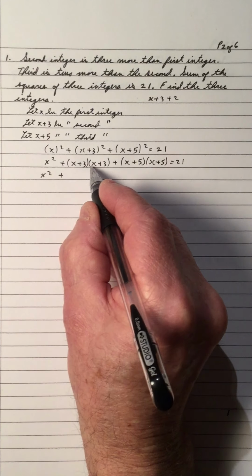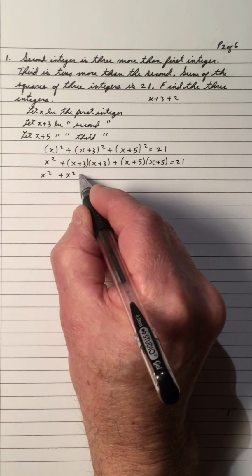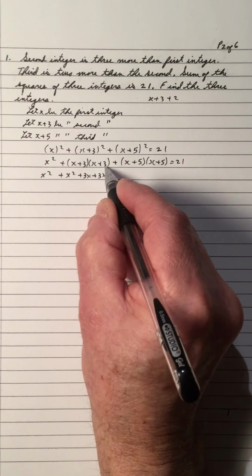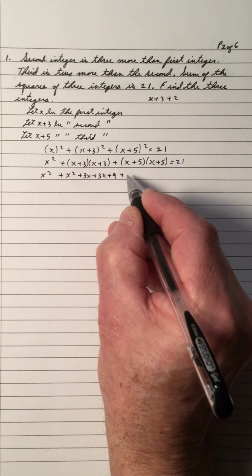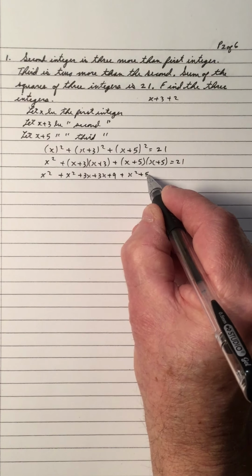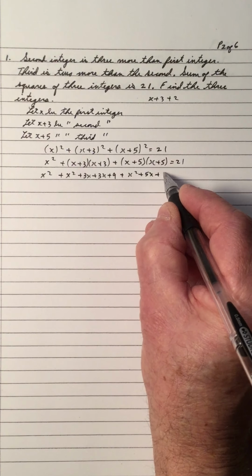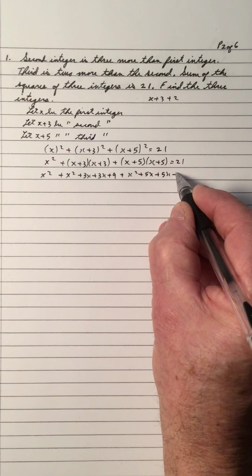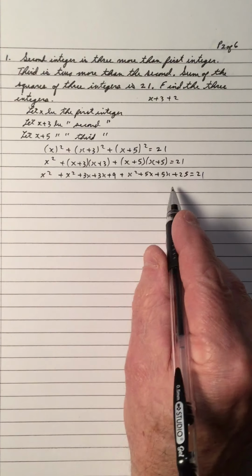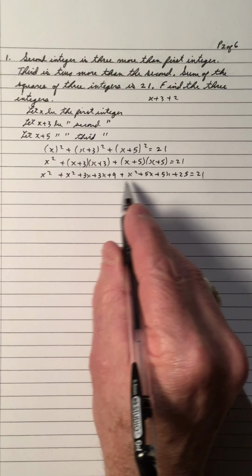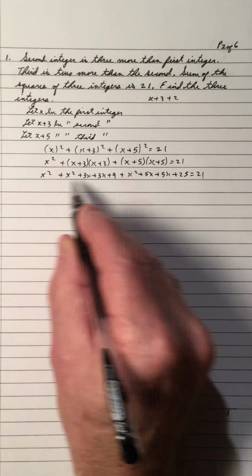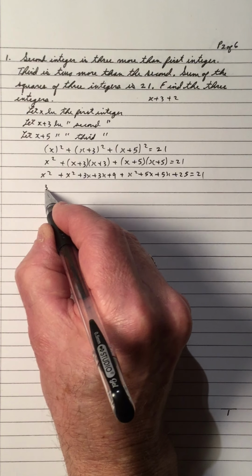So here we go, x times x, x squared, x times 3, 3x, 3 times x, 3x, 3 times 3, 9. X times x, x squared, x times 5, 5x, 5 times x, 5x, 5 times 5, 25 equals 21. So I'm going to quickly add these up. Like terms: x squared, I got 3x squared.